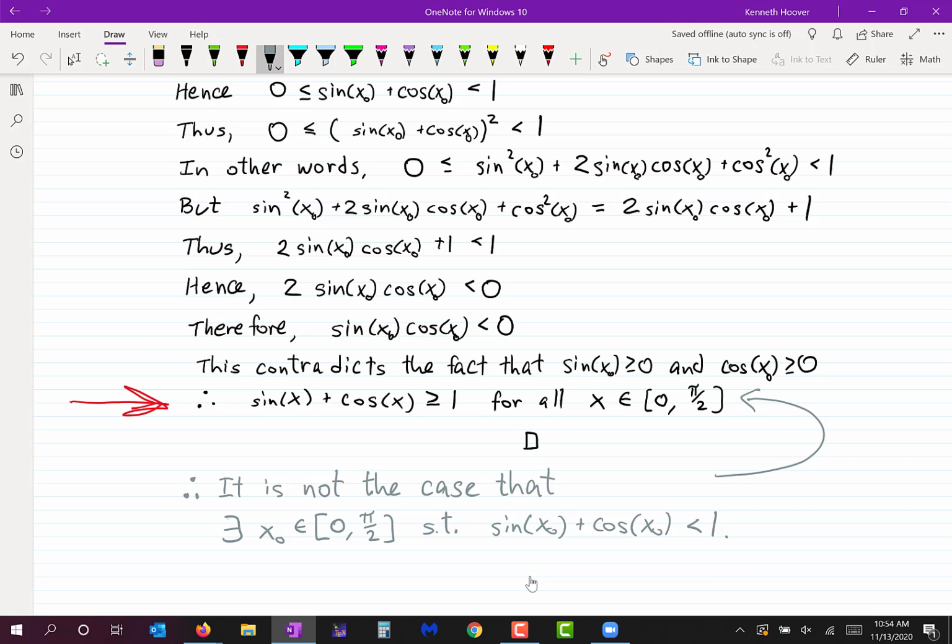So it is not the case that there exists such an x naught. How do I say that? Well, the negation of an existential statement is a universal statement. That's why the phrase for all x between 0 and pi over 2 shows up.